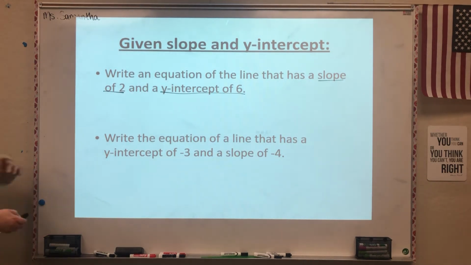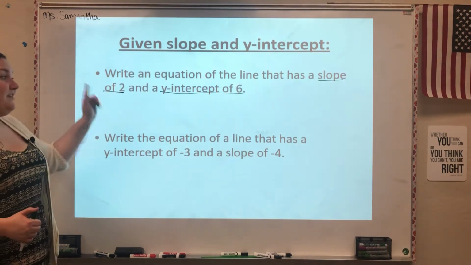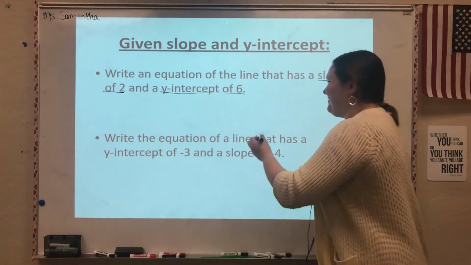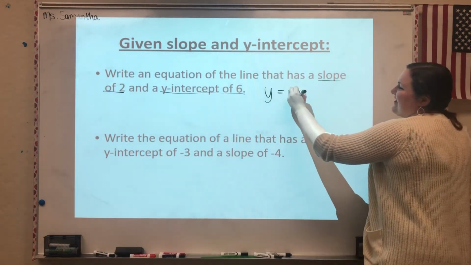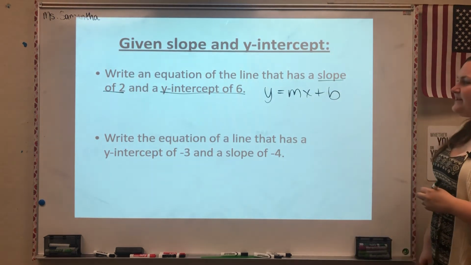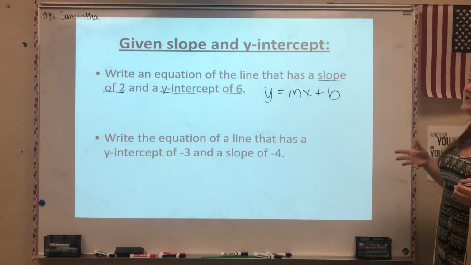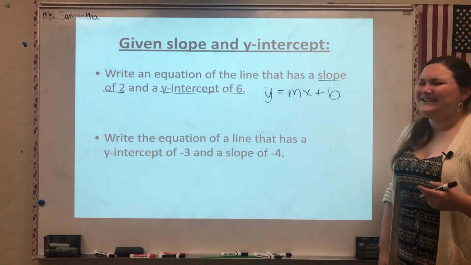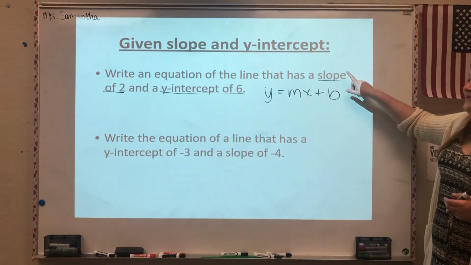But the idea is the same. If I want to write an equation, if I know slope and y-intercept, we're going to use our handy-dandy formula, the slope-intercept form, which is y equals mx plus b, and substitute those numbers into this formula to write our equation. An extra step that you might want to do to be helpful is label your information.